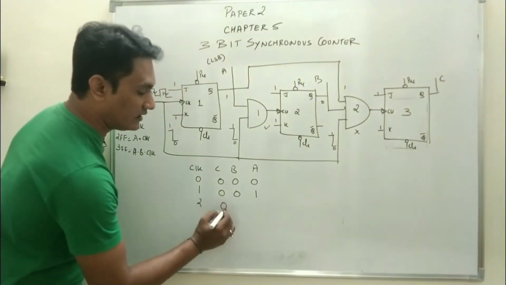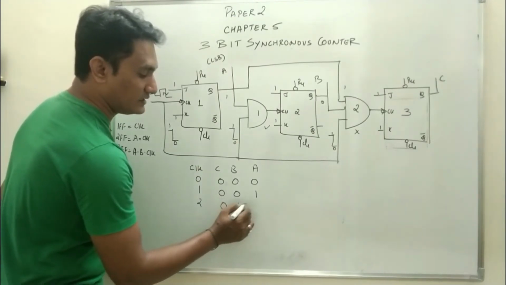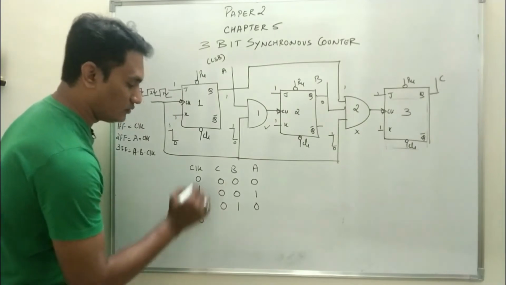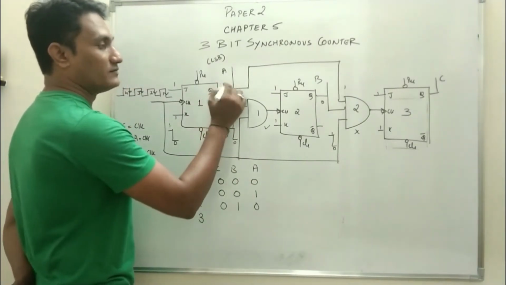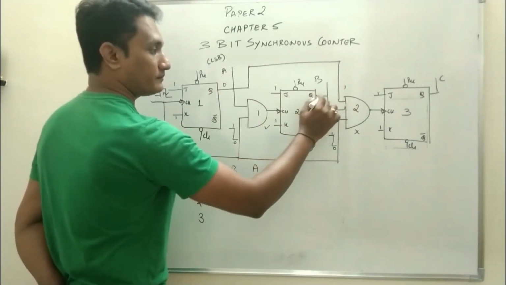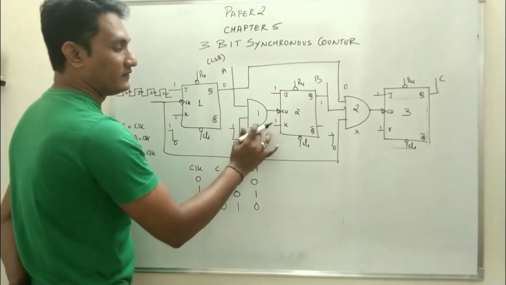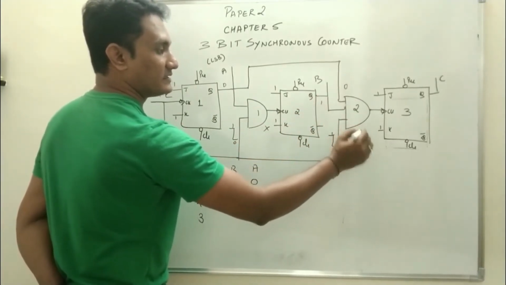So the state at the end of the second clock pulse will be C is 0, B changes, A changes. So it will be 0, 1, 0. Now the third clock pulse, again you see what happens. A has become 0, B is 1. So as soon as A is 0, again the first AND gate will be deactivated. B 1, A 0, still the second AND gate is deactivated.